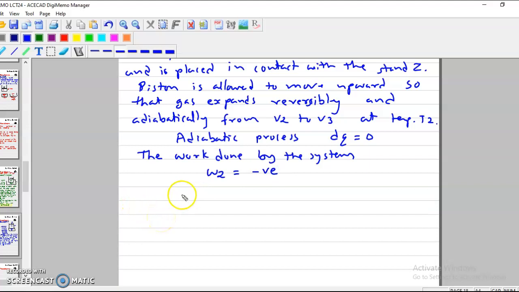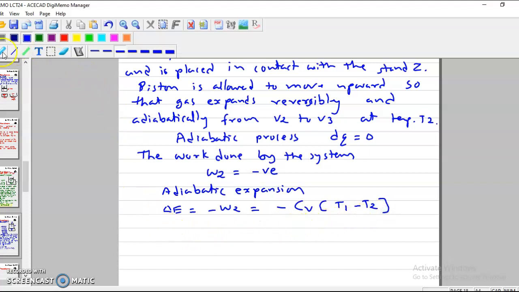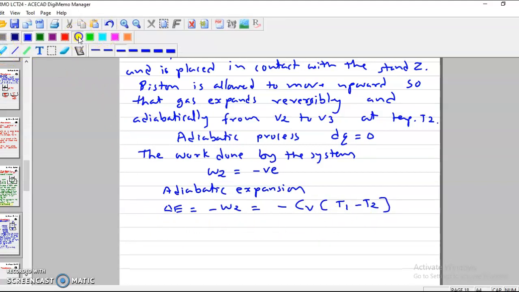So for adiabatic expansion, we have formula delta E is equal to, heat change is 0, so dq is 0, so only minus W2, which is equal to minus heat capacity at constant volume into T1 minus T2. So this way, using this formula, we can find out internal energy change or work done during adiabatic expansion.